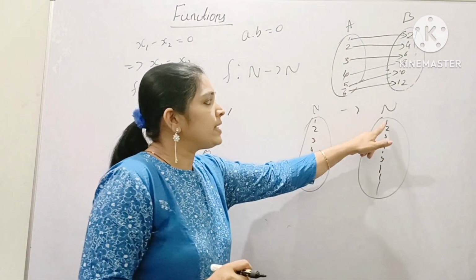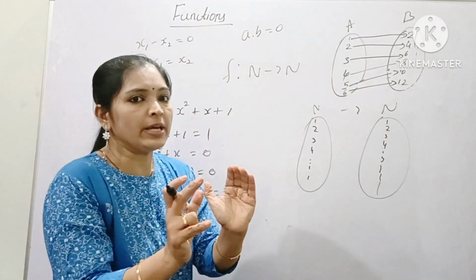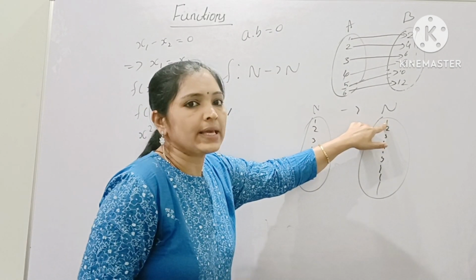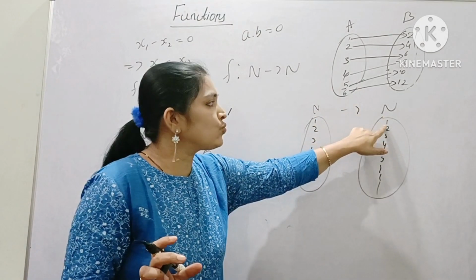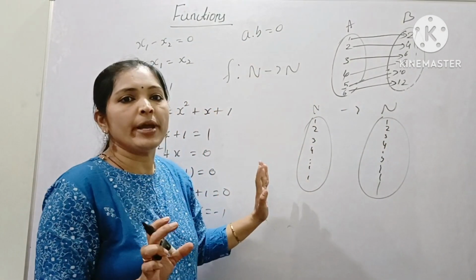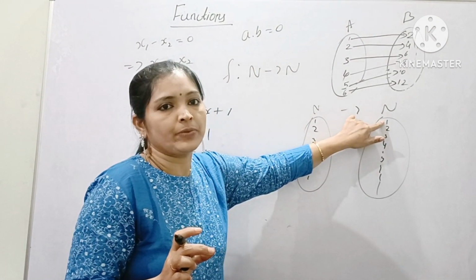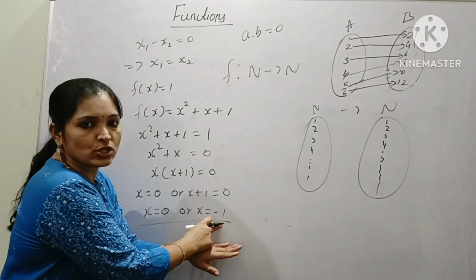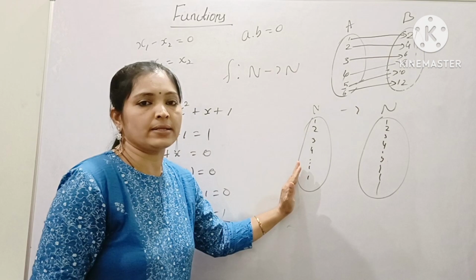That means this one we have taken, f of x is equal to 1, the image, an element of the codomain, has no preimage in the domain. Because we have got the preimages as 0 and minus 1, and 0 and minus 1 are not in this set, right?